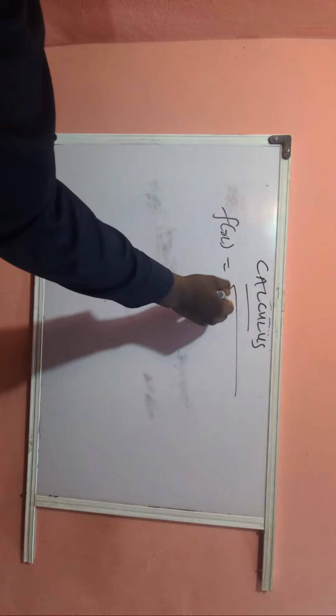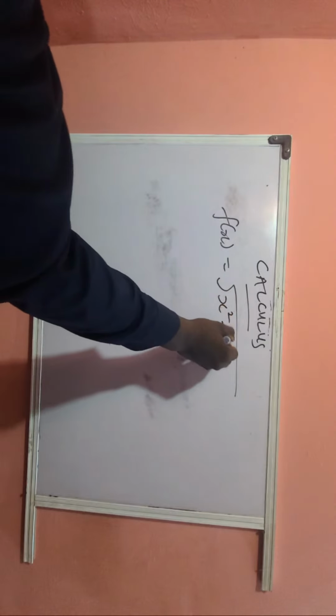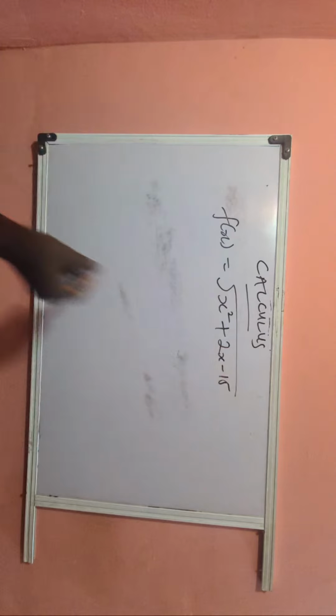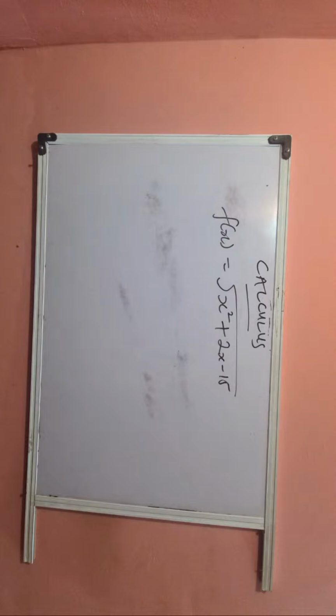Now, what was the answer you got? Can anybody tell me in the comment section what you got as your answer here? This is based on the work we did yesterday. What was the domain you got?